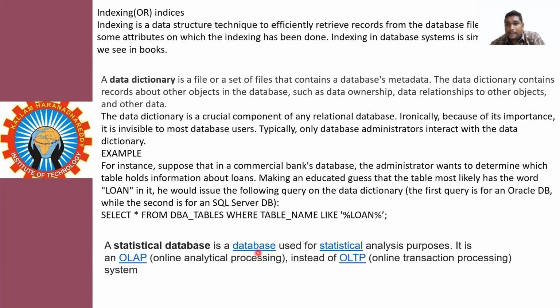But OLAP takes historical data, that is data warehouse. In a database we store huge amounts of data, and in a data warehouse we also store huge amounts of data. But the difference is, in OLTP, that is DBMS, we store day-to-day transactions, whereas in a data warehouse, that is OLAP, we store historical data also. We will discuss OLAP next semester, not in this unit.